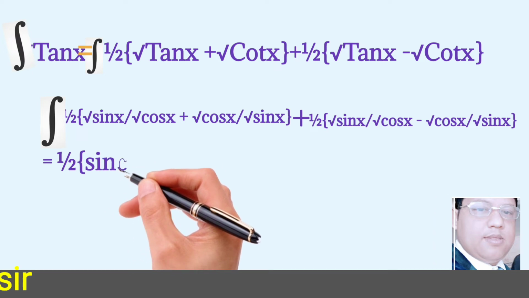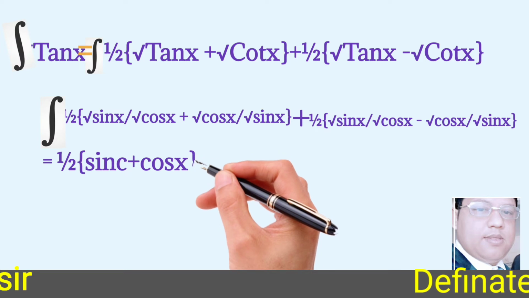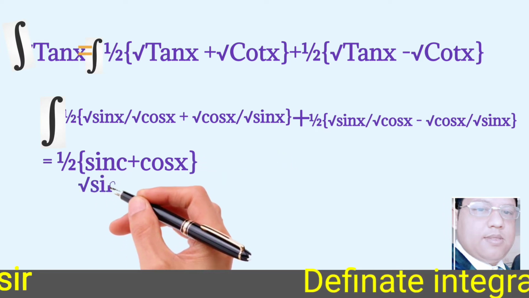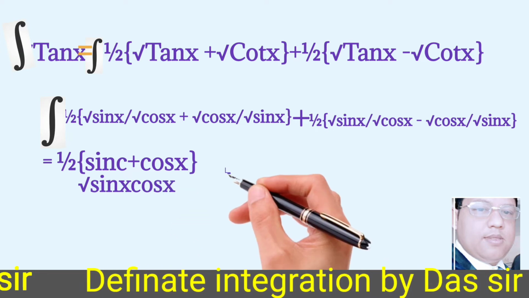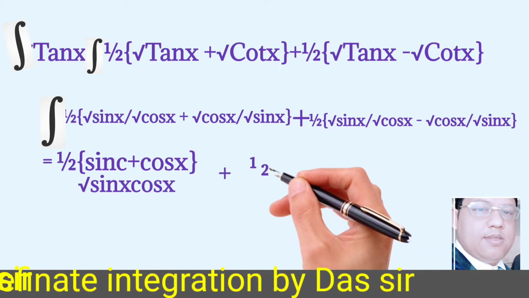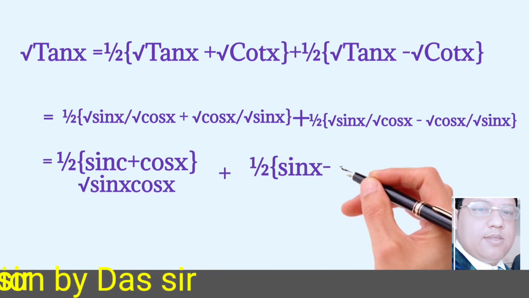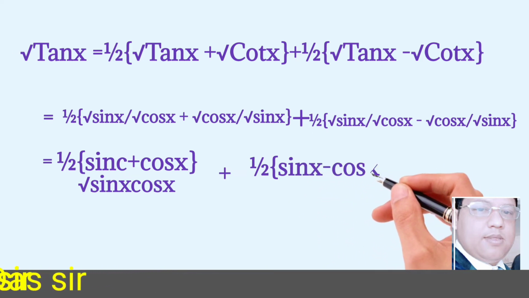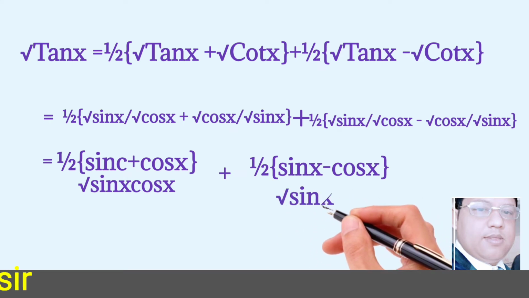Now if you take the LCM, you get on the numerator sin x plus cos x upon square root of sin x cos x for the first part, and for the second part, taking the LCM, you get sin x minus cos x upon square root of sin x cos x.